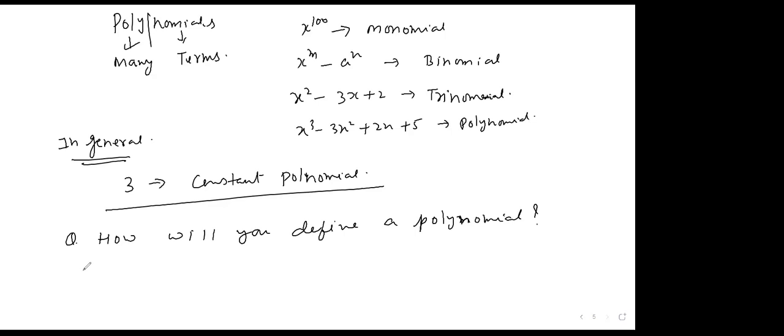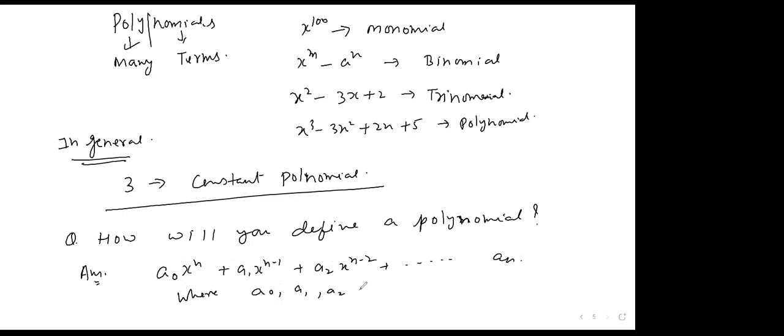See, polynomial is defined as a0 x to the power n, plus a1 x to the power n minus 1, plus a2 x to the power n minus 2, and so on to an for n terms, where a0, a1, a2, an are constants or real numbers.